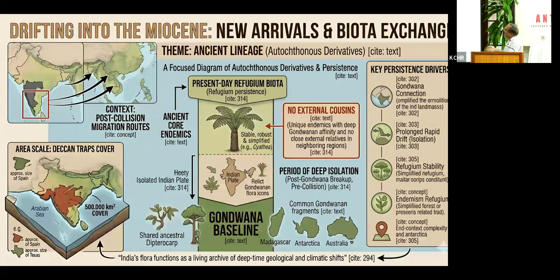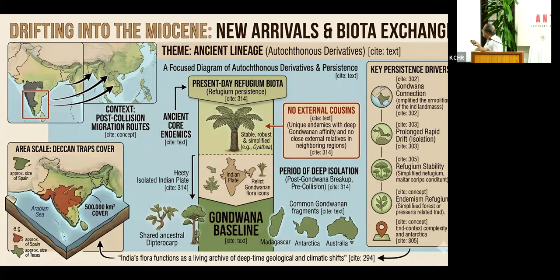So the Miocene is a very complex period as far as the evolution of the flora is concerned, because quite a lot of activities happened during the Miocene. The species which came from the Gondwana region got stabilized over a period of time.